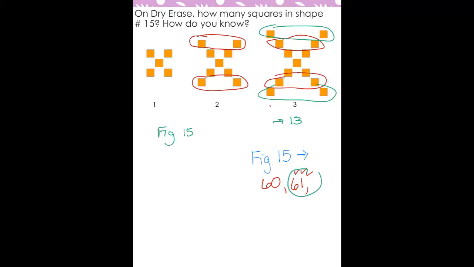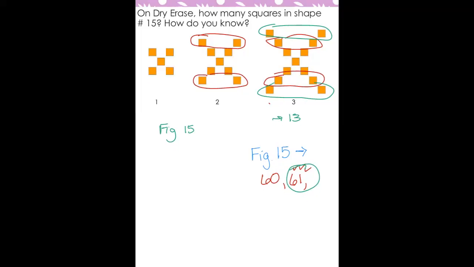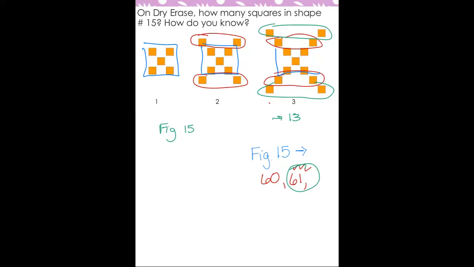Okay. All right. Anybody have a different way to explain how they got 60 or 61? Yes. You're basically adding, okay, so the square in the middle is the base, and then for each figure, the number of the figure is how many squares they're adding to each of the four corners.